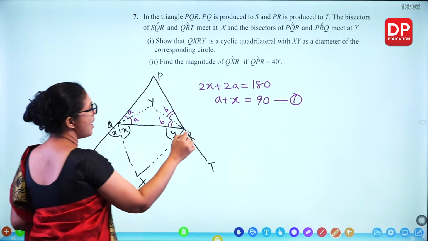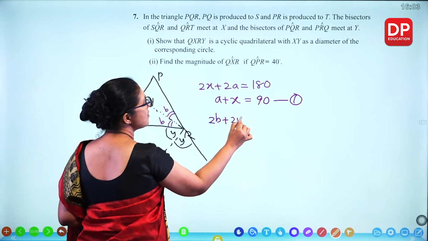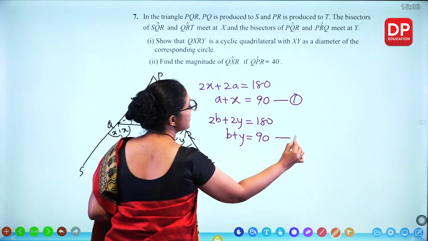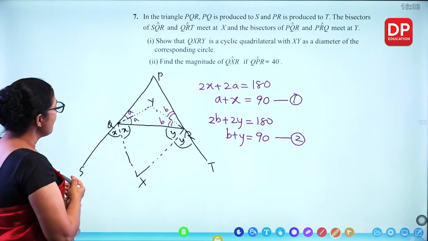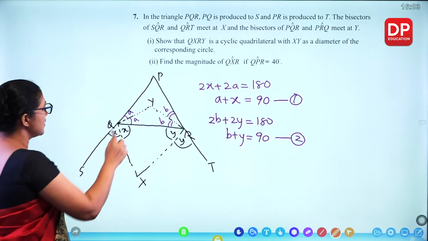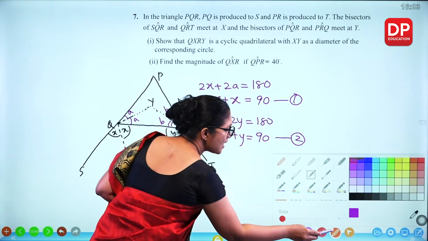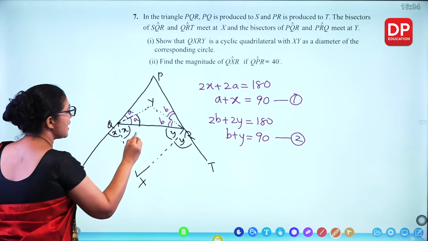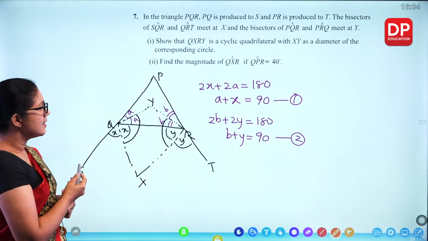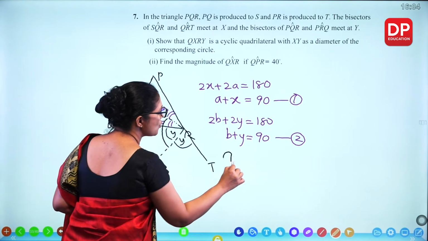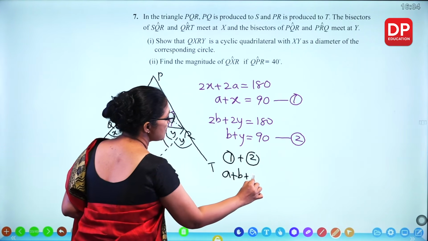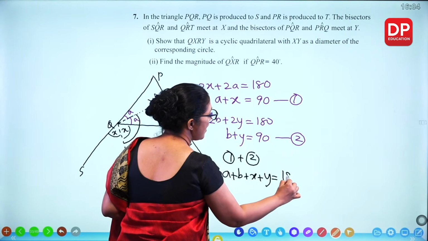This side, I can write 2b plus 2y is also 180. So b plus y equals 90 degrees. So what is b plus y? What is a plus x? The opposite angles. This angle and this angle both are opposite angles. So opposite angles, we'll add 1 plus 2. You get a plus b plus x plus y equals 180.